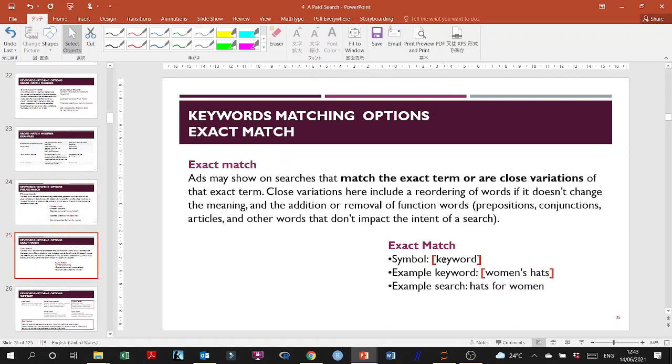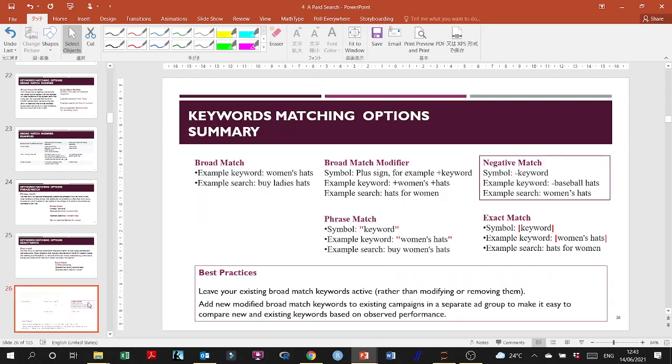So an exact match is here, women's hats. This is an exact match, women's hats, hats for women. It won't show that.